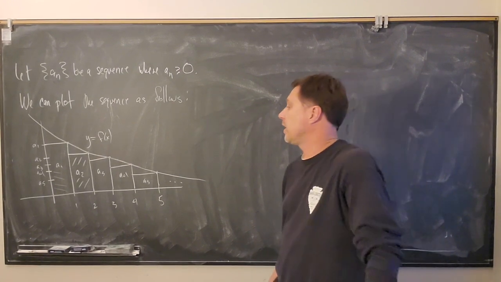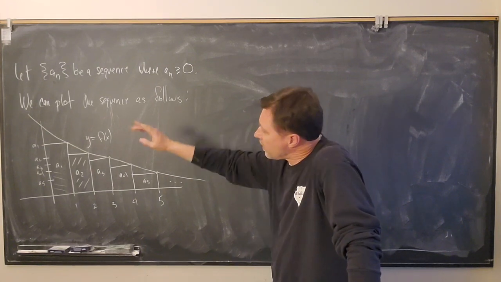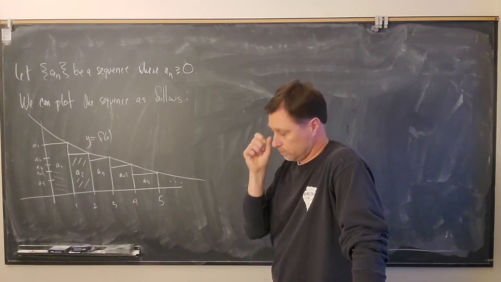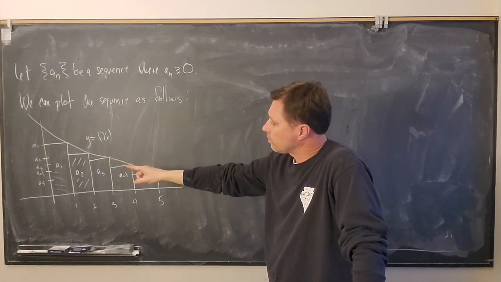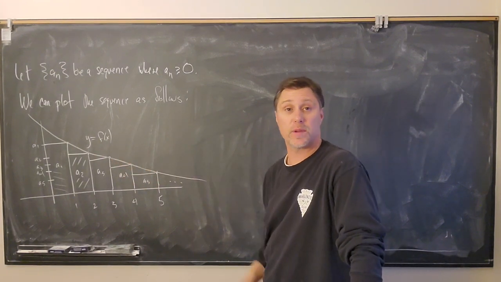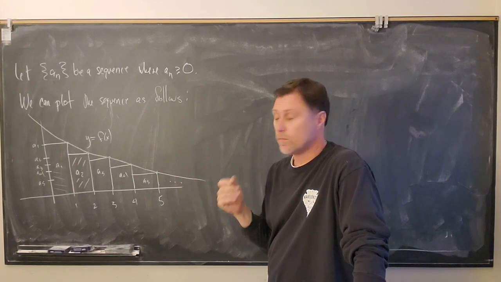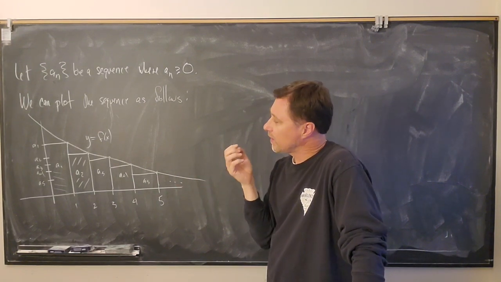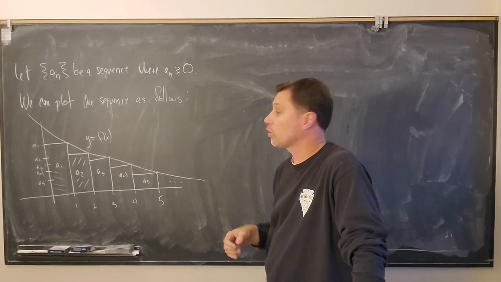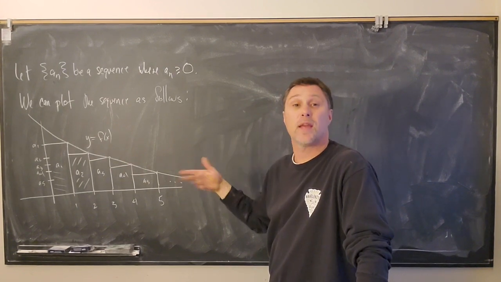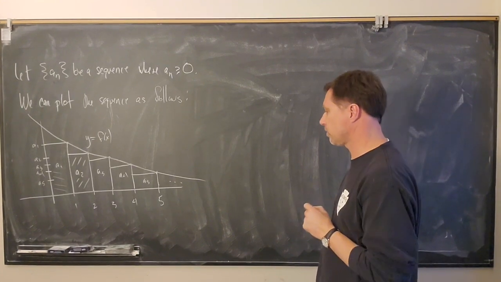What you should notice then is if the area under that graph is finite, then the sum of the areas of those rectangles is also going to be finite, which tells us that the series would converge. So this is going to allow us to think in terms of improper integrals. If the corresponding improper integral converges, then the series converges, and conversely, if it diverges, then the series will diverge.